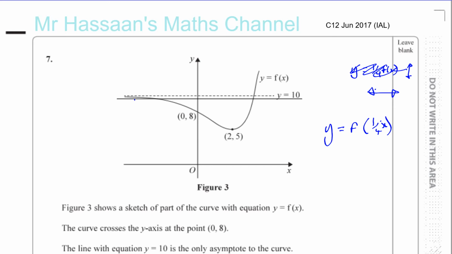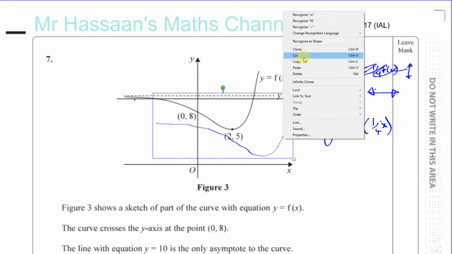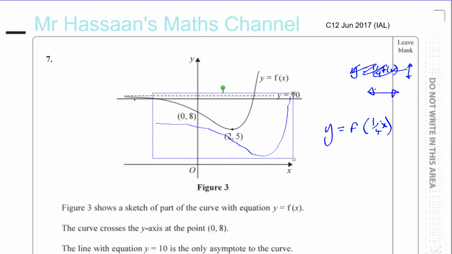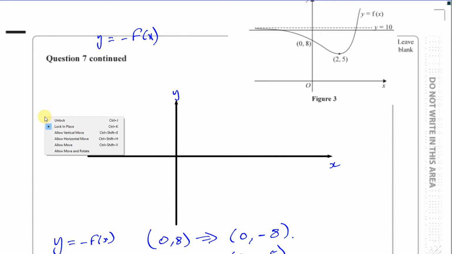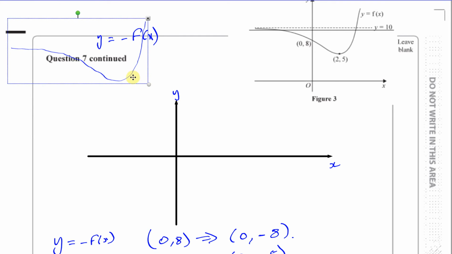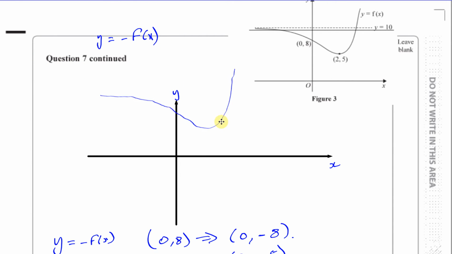All right, so let me do a bit of a cheat, a tracing of that graph as it looked earlier. So this is how the graph looks before the transformation.